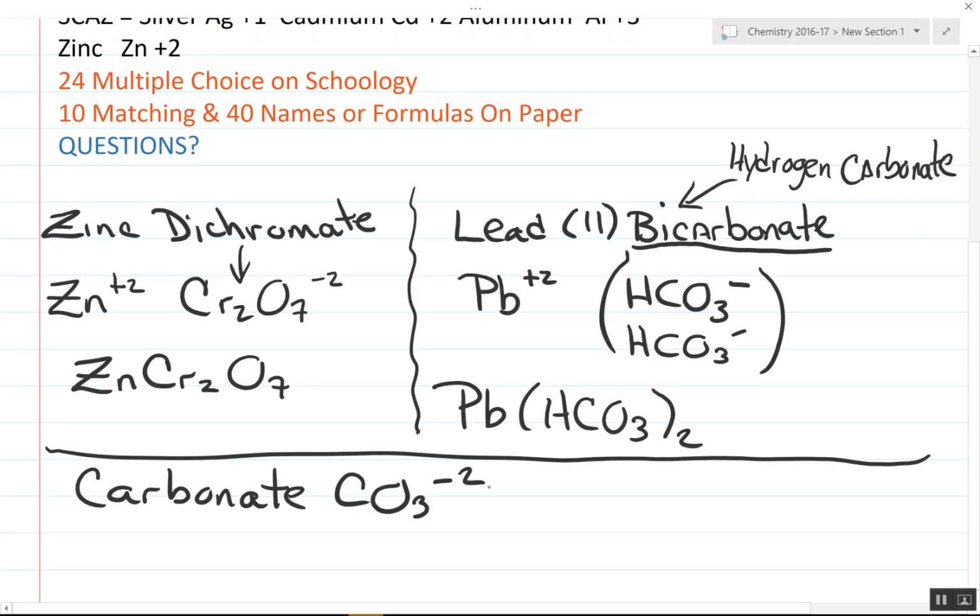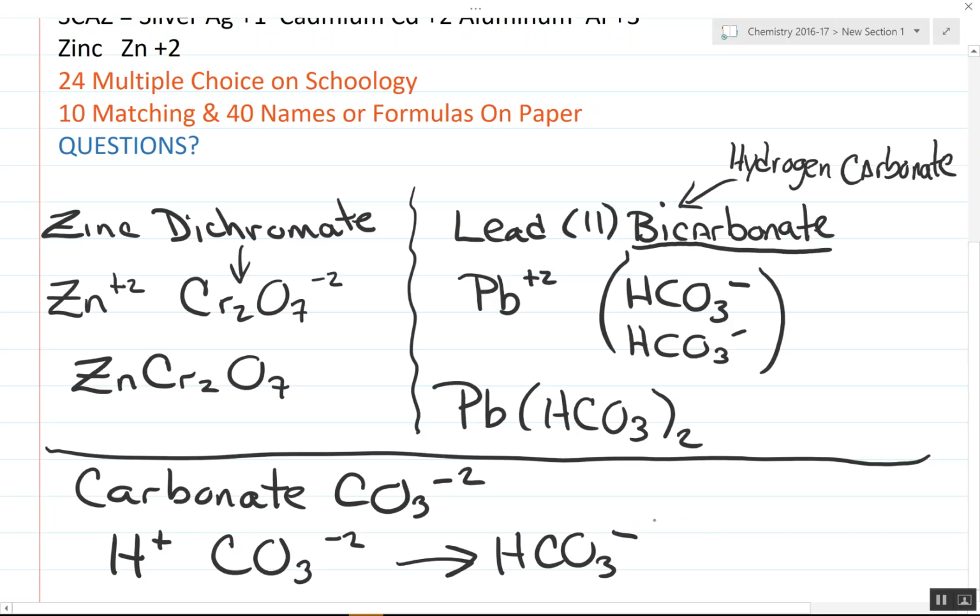And if I add a hydrogen to it, which is plus, I only add one hydrogen, then it becomes this. And through common usage, it's also become known as bicarbonate. And a lot of times in industry or whatever, they name something and it sticks out in the real world. Because sodium bicarbonate is baking soda. We don't know it as sodium hydrogen carbonate.